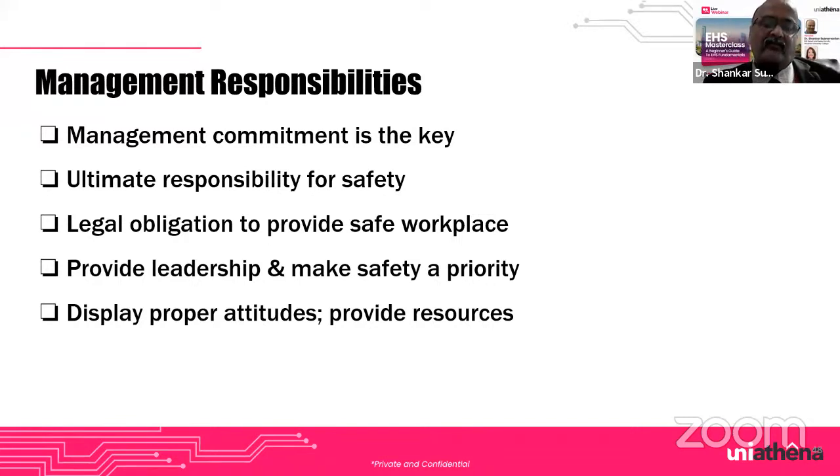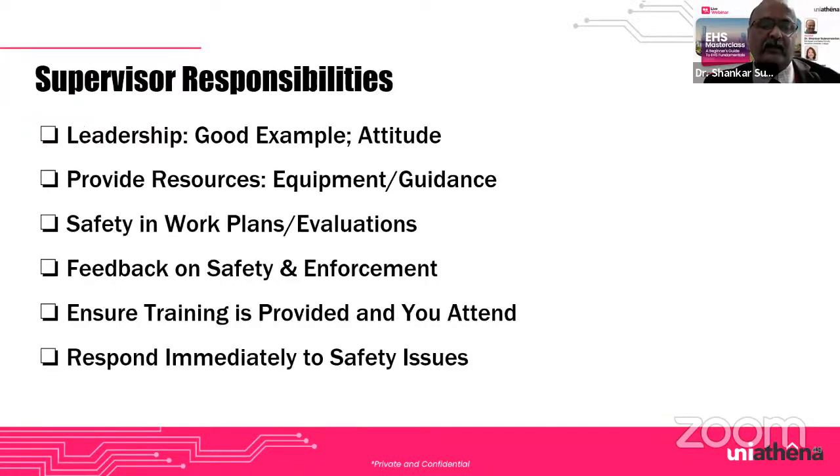As I said, for the individual, it's from the family background; for the organization, it's the management. It's always from the top. But the individuals are equally accountable and responsible. They should take care of themselves and others. So the ultimate responsibility for safety rests with the management.